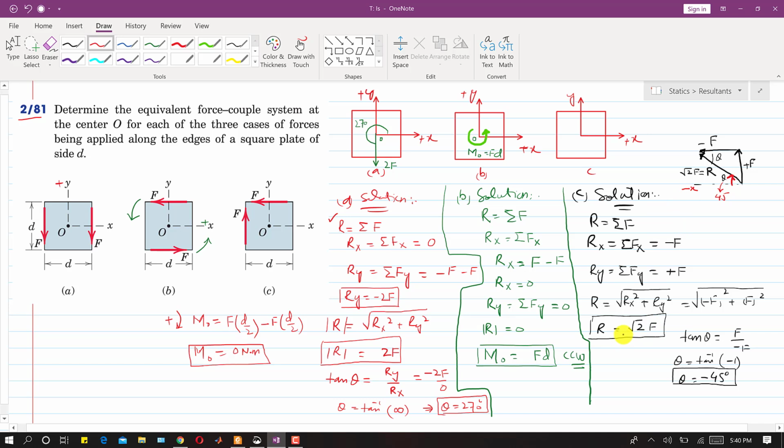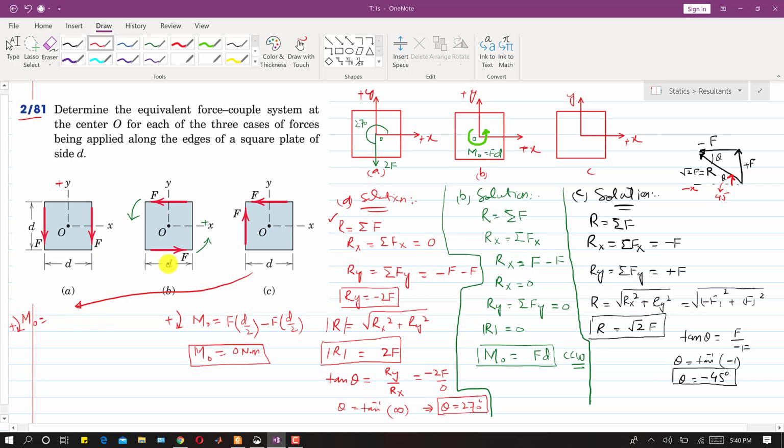And if you want to find the moment due to these two forces, the moment about O for this case, as we can see that this force is producing counterclockwise moment and this force is producing clockwise moment. So let's suppose the clockwise moment is positive.